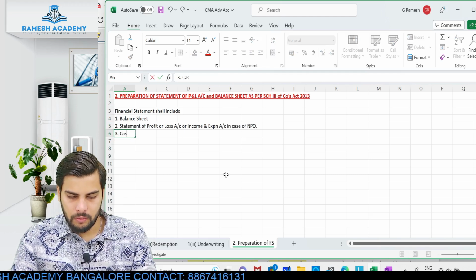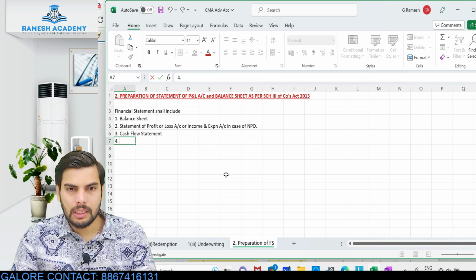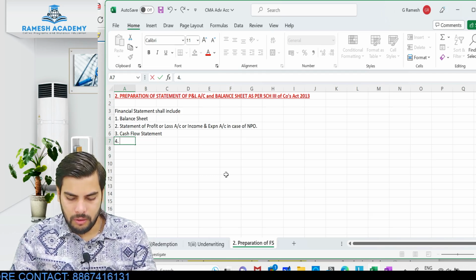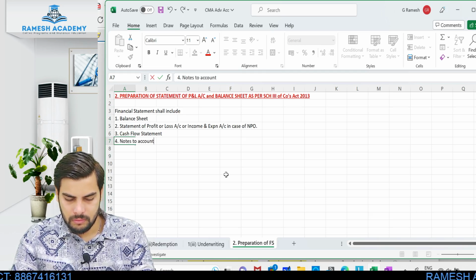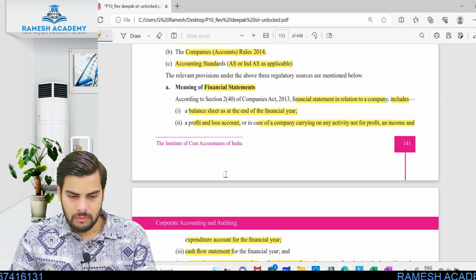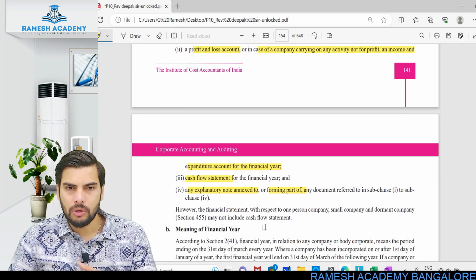The third thing would be cash flow statement. The last thing would be notes to accounts. Look at this. Any explanatory note annexed to or forming part of the financial statement. This is nothing but the notes to accounts.